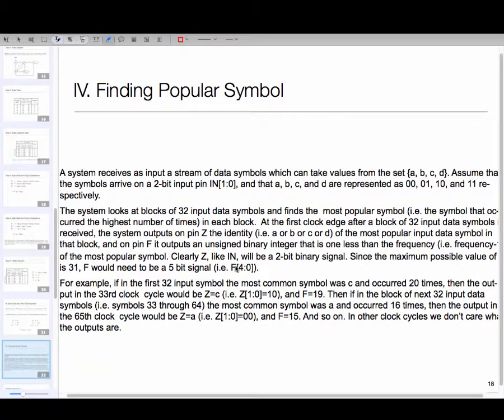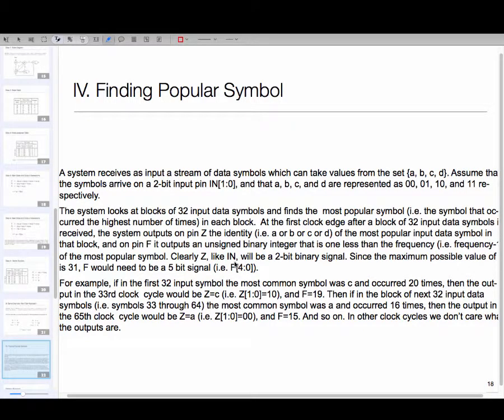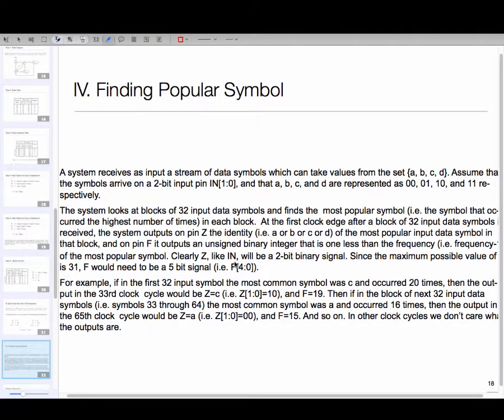Kind of a stupidly designed system. So I'm basically saying that the most popular symbol can have the frequency 0 also. So 32 possibilities, and therefore I need 5 bits. But of course, 0 can never occur, so I only have to represent 1 through 32, so I could have always represented them. So this problem is not very well formed. But anyway, let's proceed further.